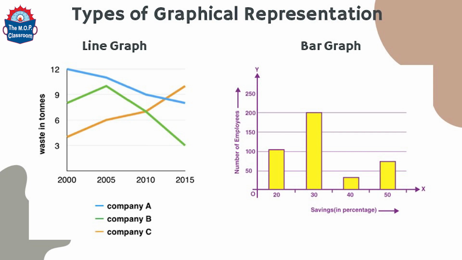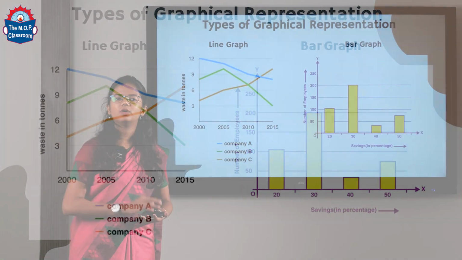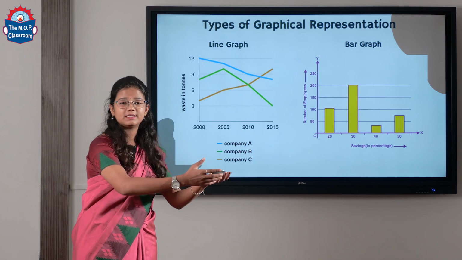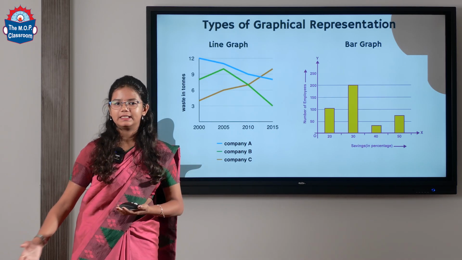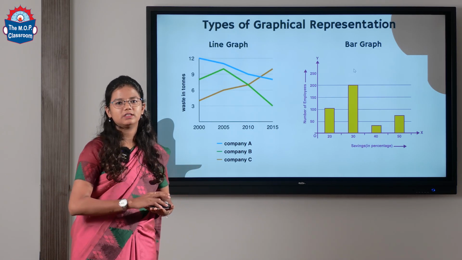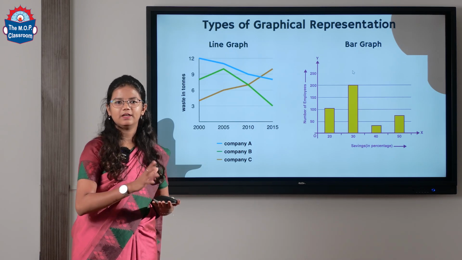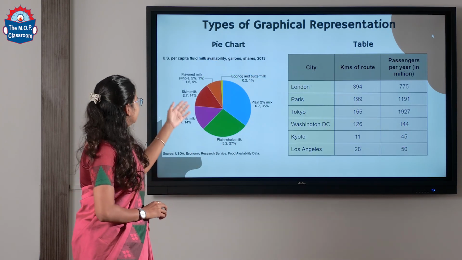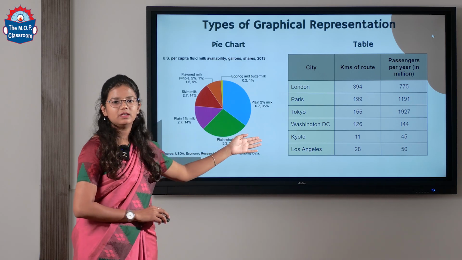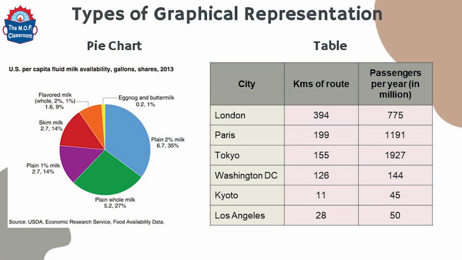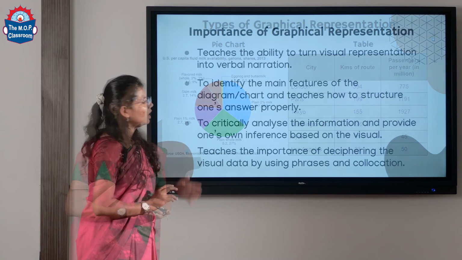The information is plotted on a graph, then joined through a line. That will help us to identify whether there is any progression or any decrease in the products that are sold or in any areas as well. Just like that, we have the pie chart and table, and apart from these we have many different types such as histograms, leaf and stem tables, and so on and so forth.